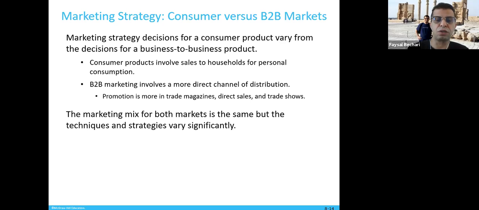Marketing strategy decisions for a consumer product vary from those for a business to business product. Consumer products involve sales to households for personal consumption. Meanwhile, B2B marketing involves a more direct channel and distribution. Promotion is more in trade magazines, direct sales, and trade shows.